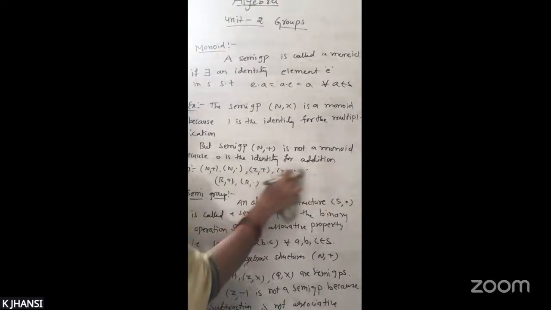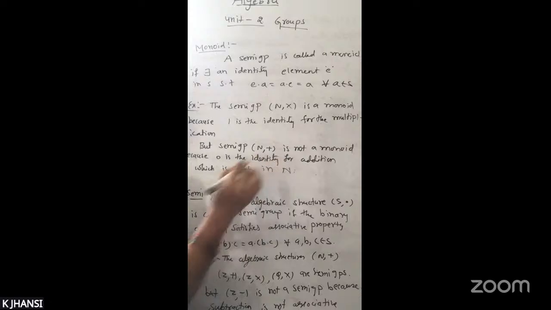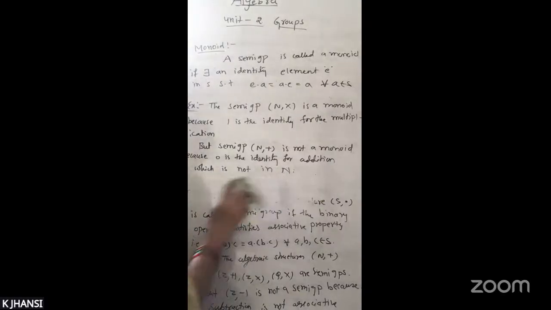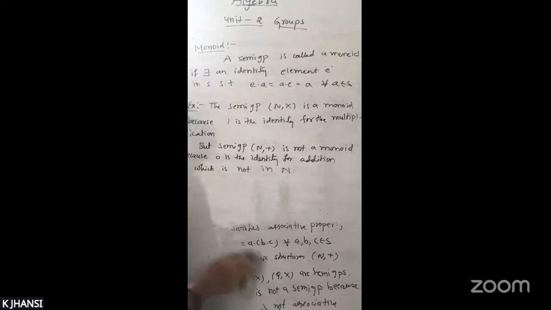Therefore, with respect to addition, natural numbers will not become a monoid. So these two are the examples: natural numbers with respect to multiplication is a monoid, but with respect to addition it is not. Other examples which are monoids with respect to both addition and multiplication are matrices. Matrices are the best example here.